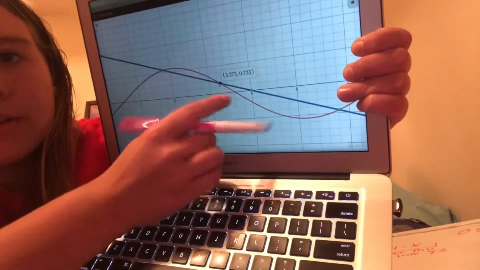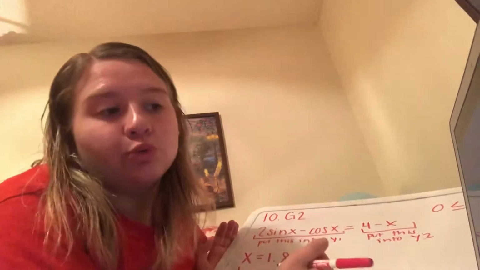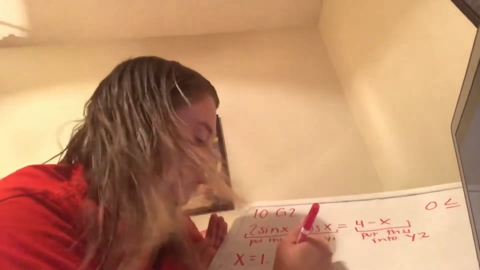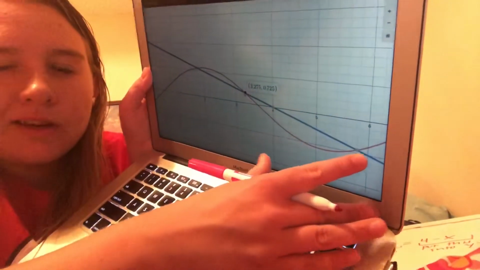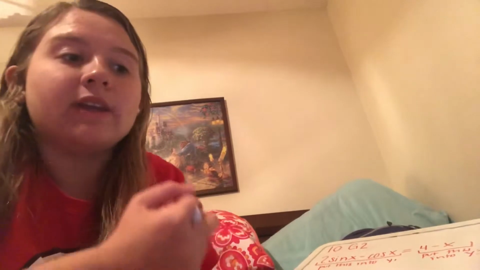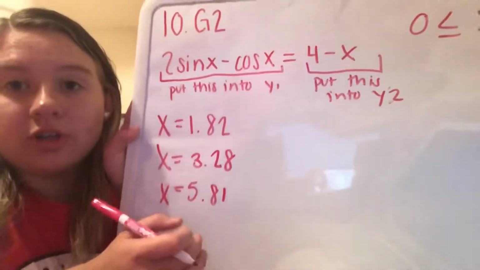I'll click on it, and x equals 3.275, which I'm going to round to 3.28. We have one more intersection in our window of 0 to 2 pi, right there at the very edge. If you click on that, it says 5.806, so I'm going to round that to 5.81. And so this is our answer.